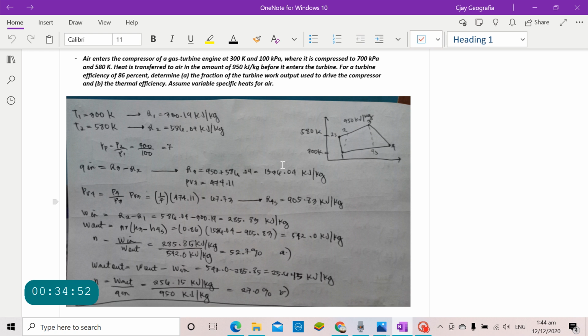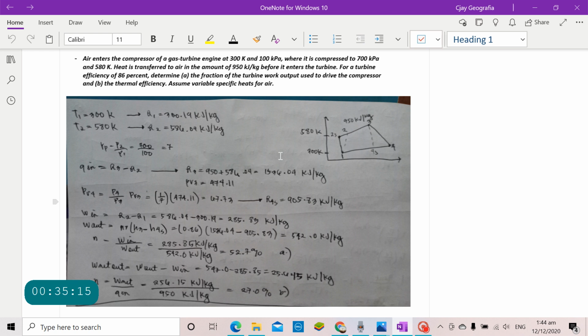So by output we have to solve for the ratio of work in over work out, which is equal to 52.7%. That is the fraction of turbine work output used to drive the compressor.